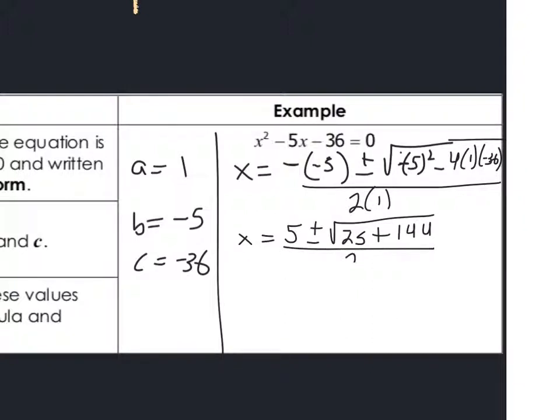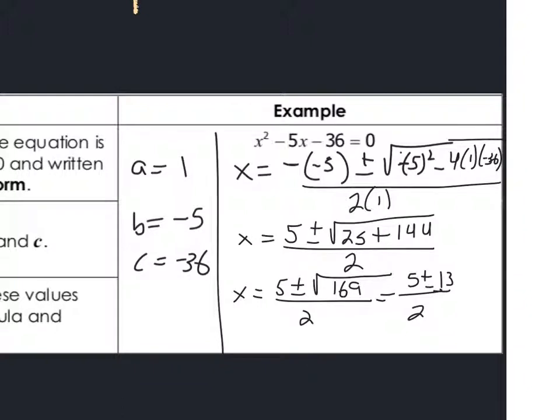That's divided by 2 times 1, which is 2. Then x equals 5 plus or minus the square root of 25 plus 144, which is 169. That gives us a nice square root, because the square root of 169 is 13, divided by 2.